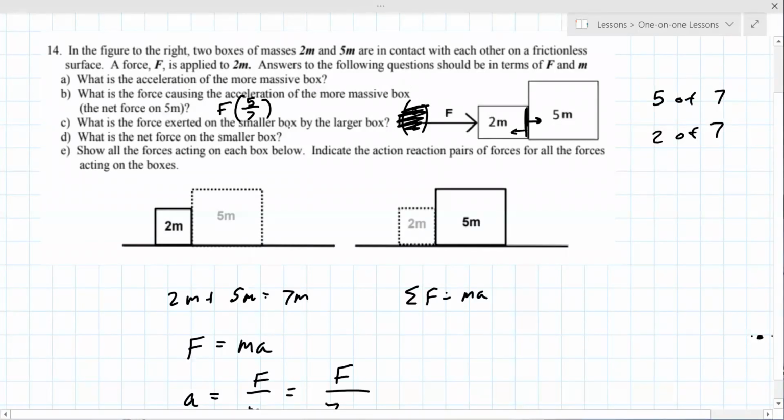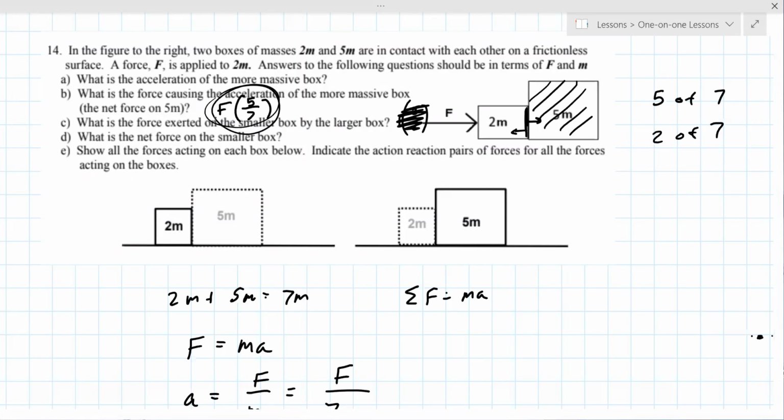The force exerted on the smaller box by the larger box: whatever is causing the larger box to accelerate, which is this force right here, that's the force being applied backwards to the smaller box. But it's in the other direction. So C ends up being negative 5 over 7 F because it's going in the other direction. Negative 5/7 F.